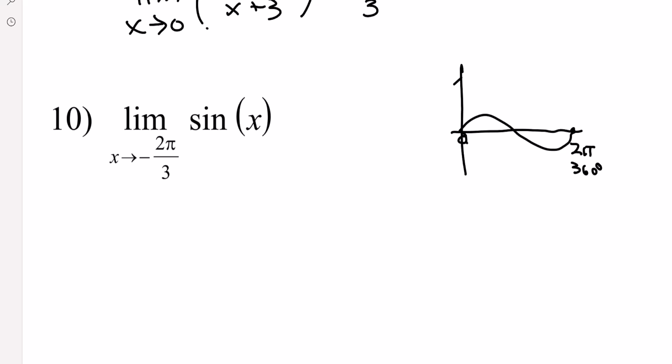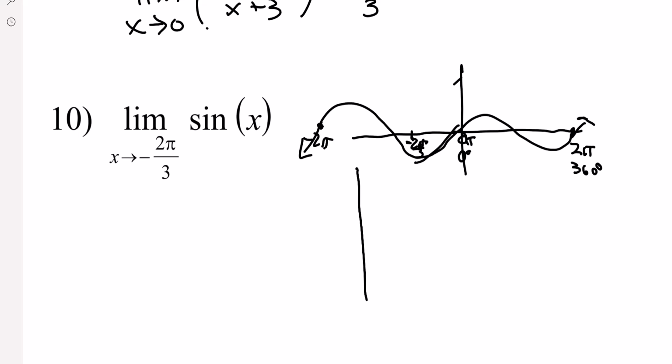Here's 0 pi or 0 degrees. And then we come this way, and this is -2 pi, etc. Okay, so they're wanting to know at -2 pi thirds, so that would be right about here.